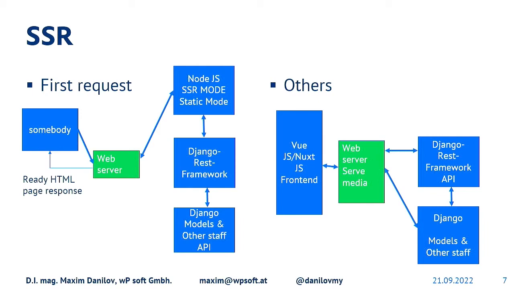It works faster for the first request, and after that hydration happens in the browser, and we receive a complete app in our browser. It works. But something interesting here: on the other requests, after the first request, we don't need Node.js anymore. It's interesting. What can we do?